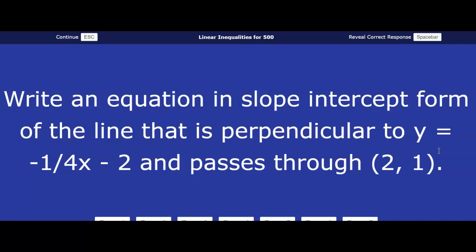So it will become y minus y1 equals 4, the opposite reciprocal slope, times x minus 2. And then you have to rewrite that. Slope-intercept form means that you have to move over and distribute. So it's y minus 1 equals 4x minus 8. And y equals 4x minus 7.